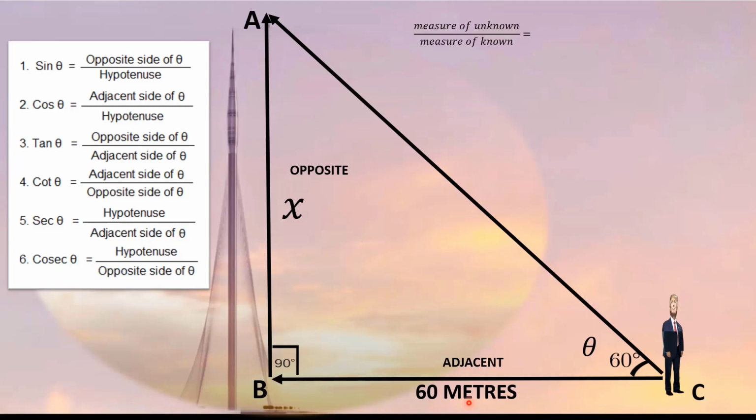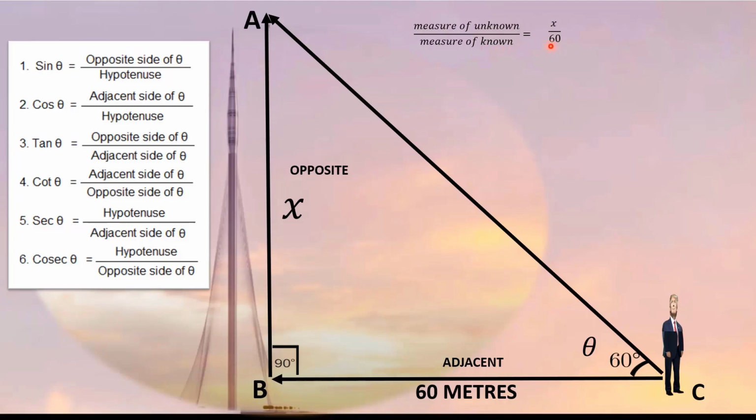You write the ratio of the two sides as the measure of the unknown side over the measure of the known side. In this case, the measure of the unknown side is x and the measure of the known side is 60.